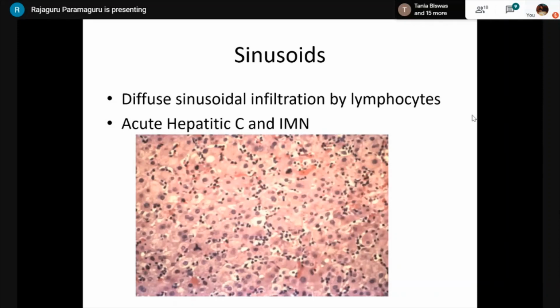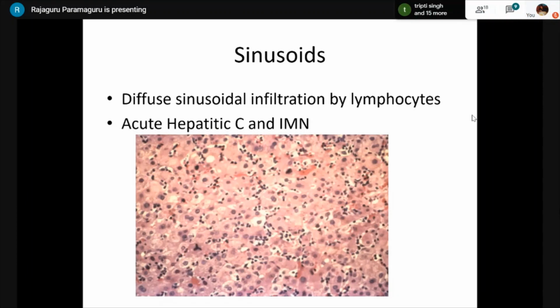So I'll go ahead. Last session we had covered till the hepatocytes, the pathological changes in the hepatocytes. Before that we had seen the portal tract, and then the changes related to cholestasis. So now we'll be seeing a little bit about sinusoids. We have already seen the stellate cell hyperplasia with vitamin A toxicity.